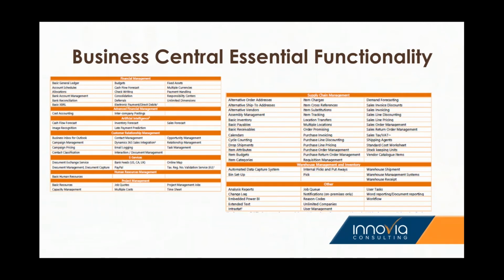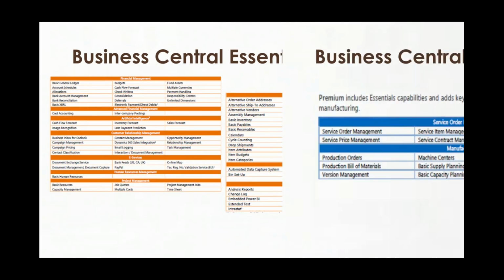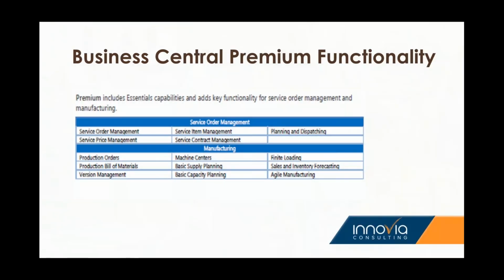So you can pretty much see that most of the functionality belongs to the essential user license. If you do need the service management or manufacturing functionality, then you would move up to the premium license. The good thing is, if you don't need any of this functionality, just by purchasing the essential licenses, you're not paying for it. Whereas some products you end up paying for a lot of areas that you may not even need.